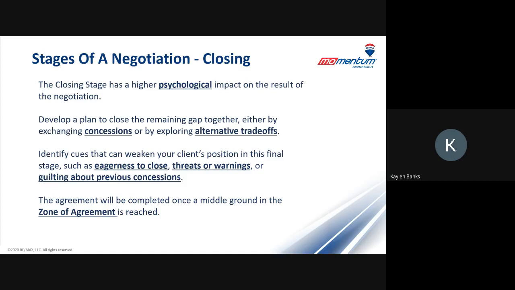Identifying cues that can weaken your client's position is key in this final stage, such as eagerness to close, threats or warnings, or guilting about previous concessions. A lot of those we're going to get into in a little bit too, but we hear that every day in our market. The agreement will be completed once the middle ground of that zone of agreement is reached, like I showed you in that graphic.